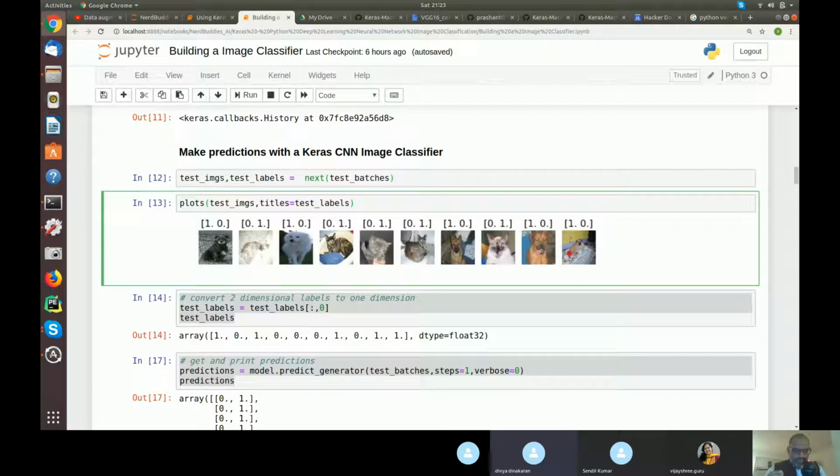So one way around it is to take a model that has done pretty well on images in general, hopefully images similar to what you're working on, and you use that model and you keep most of it and just change the final layer.